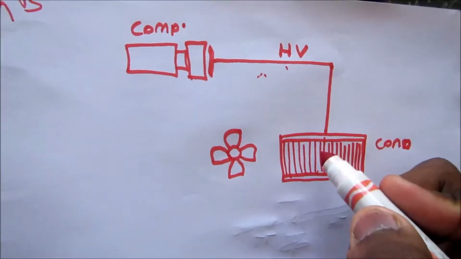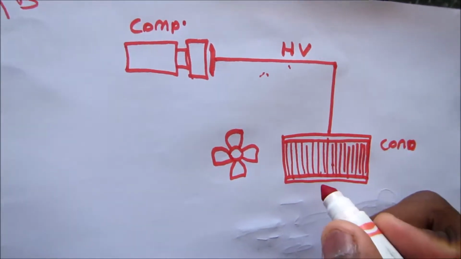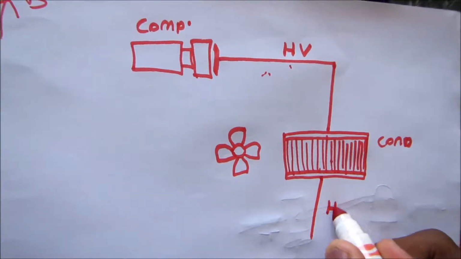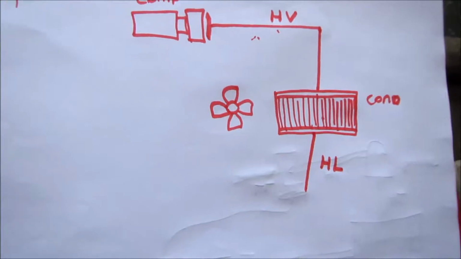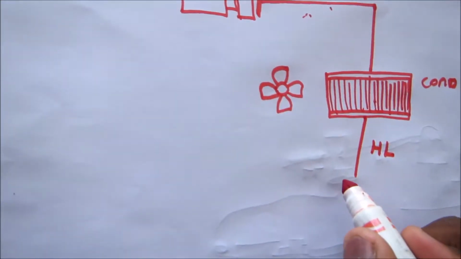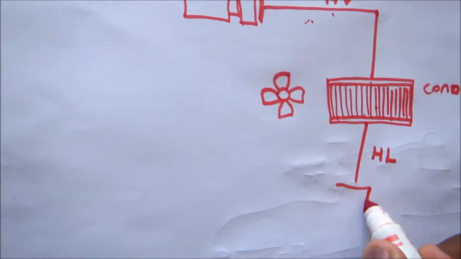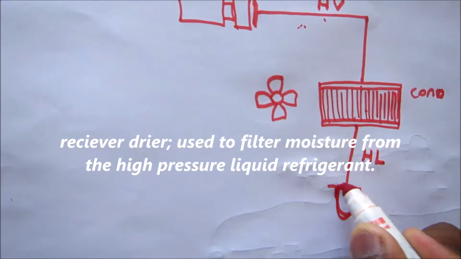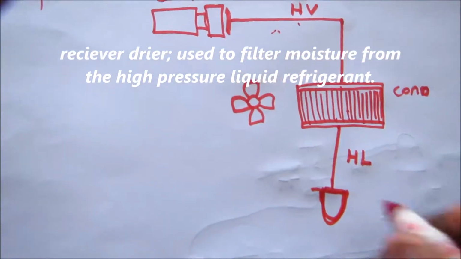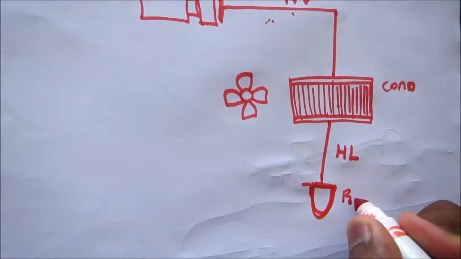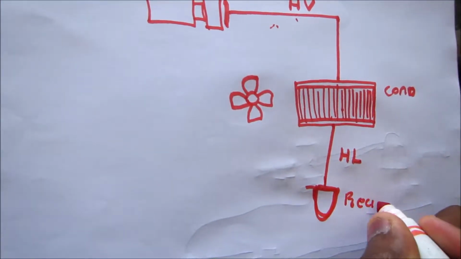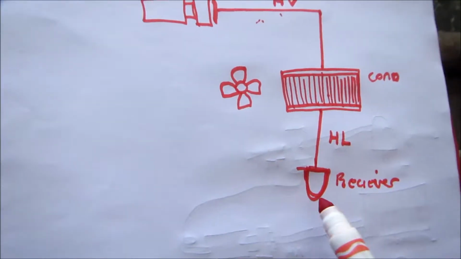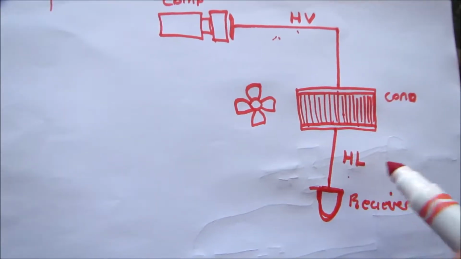So it will go into this as a high pressure vapor and come out as a high pressure liquid, right? Now this high pressure liquid goes to a receiver dryer. This receiver removes moisture from the liquid refrigerant.